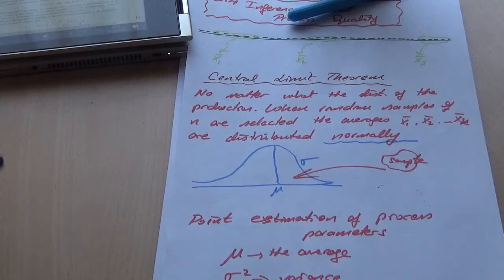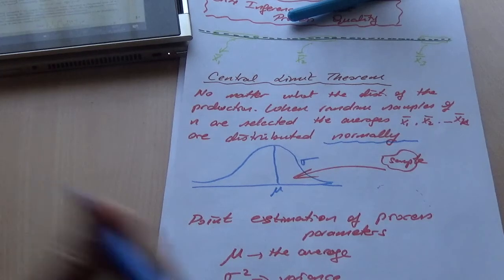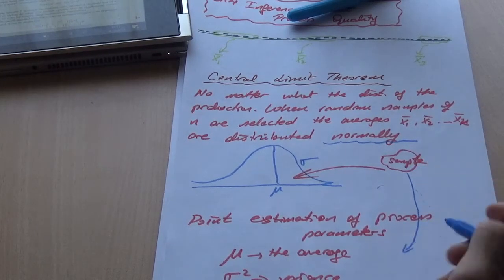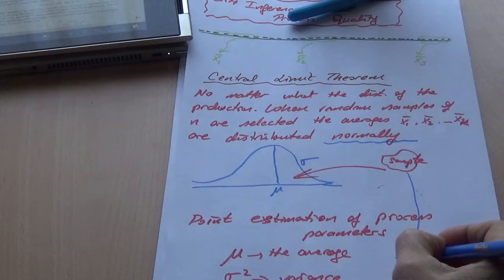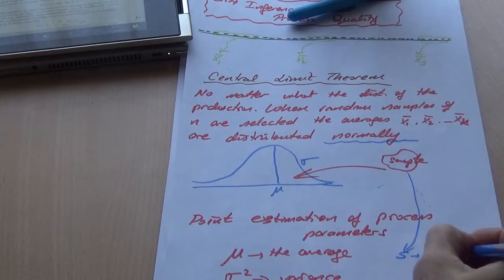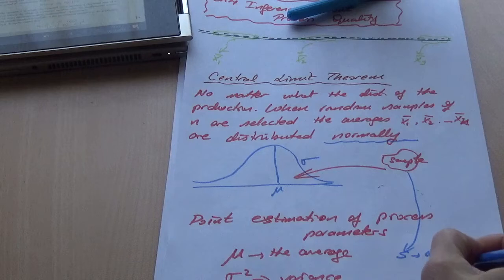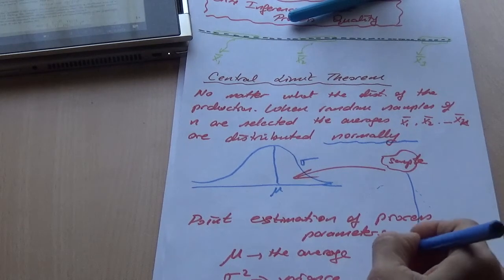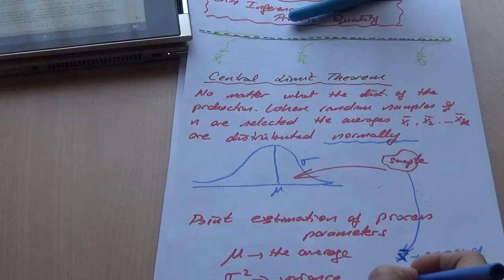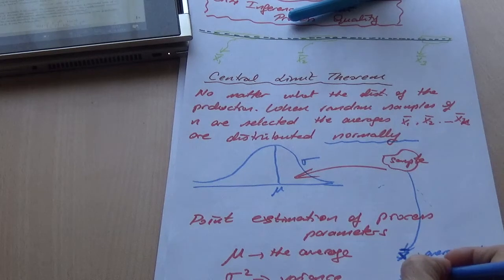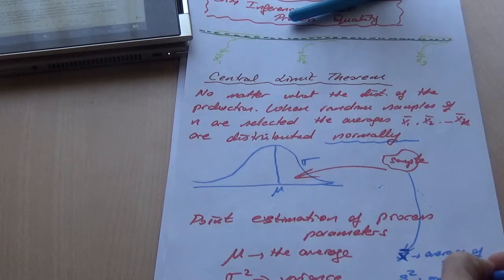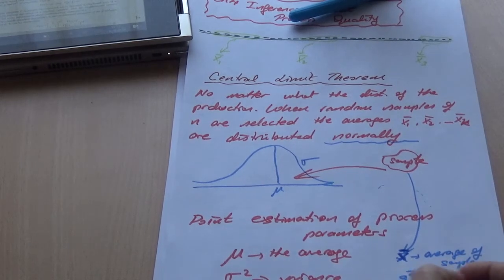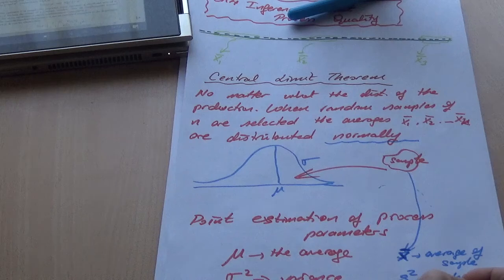How do we estimate them? We estimate them from the sample, which is X bar, the average of the sample, and S square, the sample variance, and S is the standard deviation of the sample.